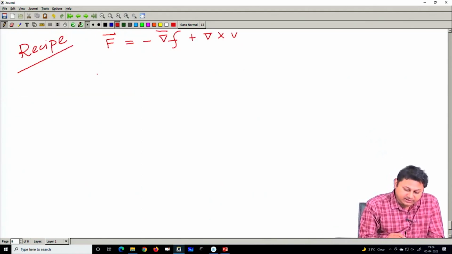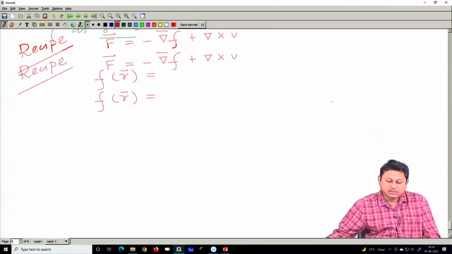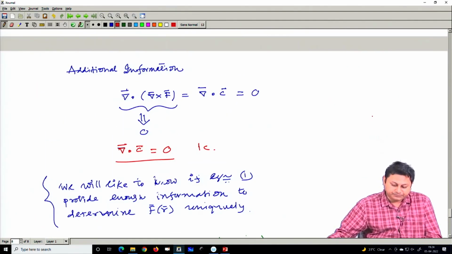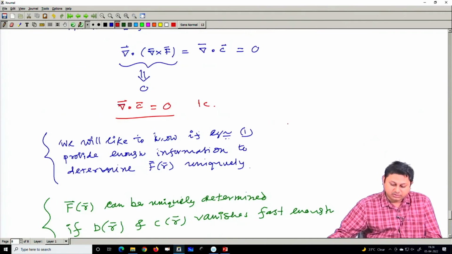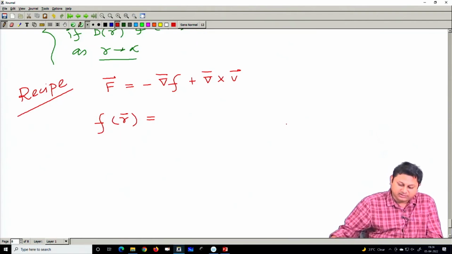Now, I can construct my F, that is the interesting part. I can construct my F exploiting the value of D, which is known.